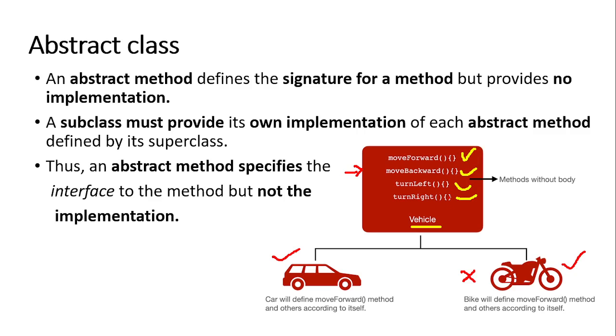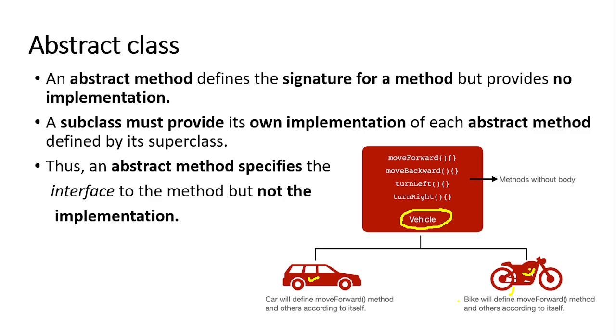So this implementation, that is moving backward, may be different for a car and for a bike. When I say it is a general purpose vehicle, I'm not very sure how to move it forward or backward, because I am not specific about whether it is a bike or a car.